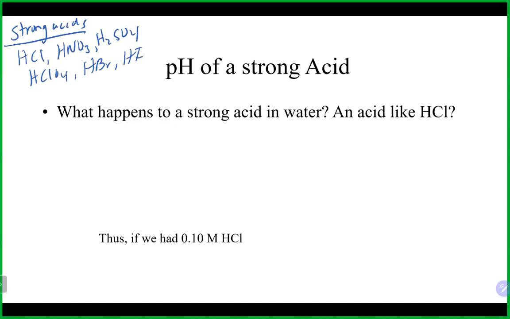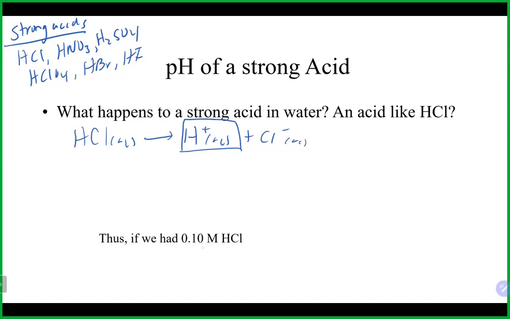So when we have something like HCl, it will completely break apart in solution as H plus and Cl minus. And if we were interested in the pH of this solution, it is the H plus that's of interest here.